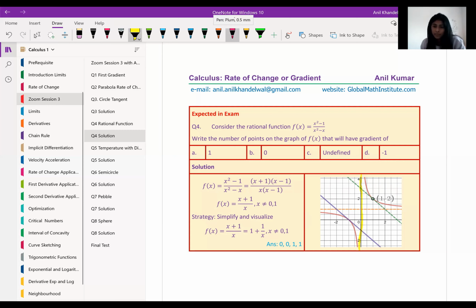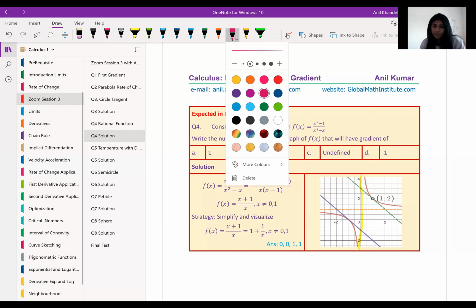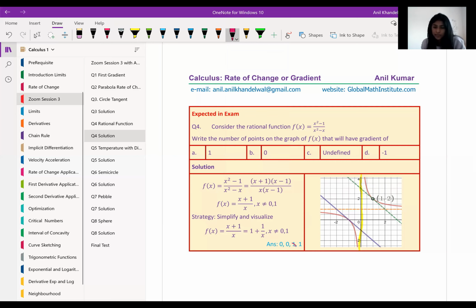You get the idea, right? So strictly speaking, this should be 0. This should not be 1. This should be 0, right? Because this point is not in the domain.